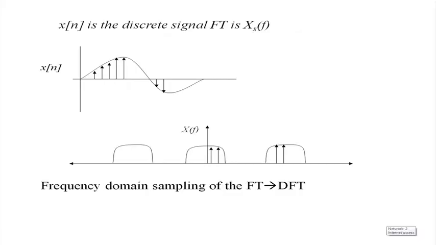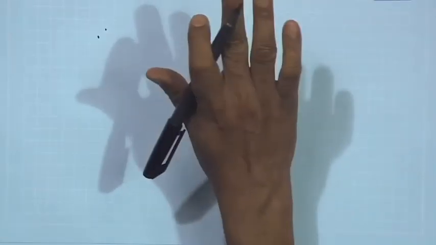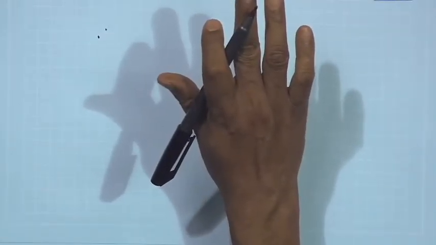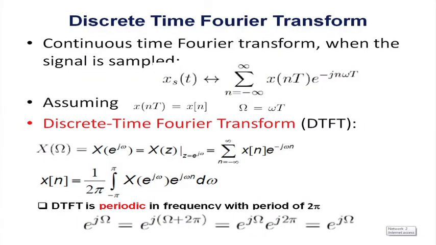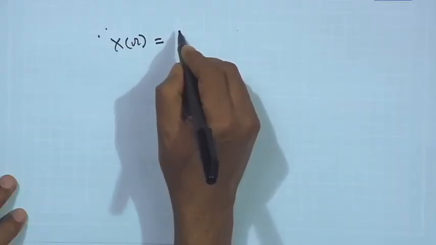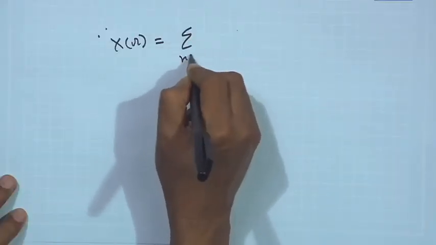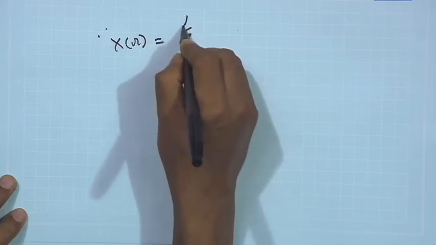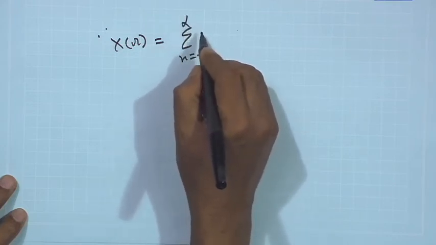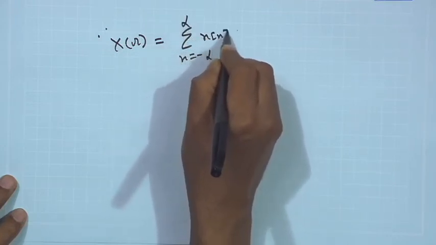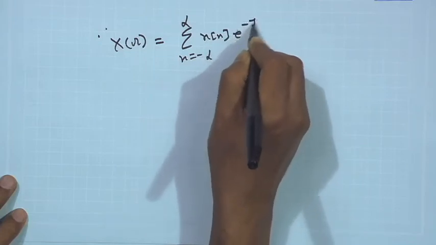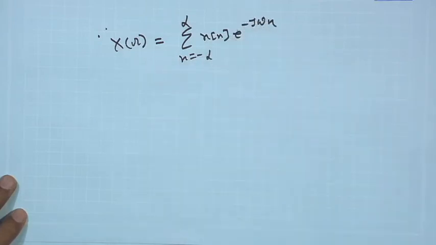So, first you just need to know the equation of the discrete time Fourier transform. I can say X(omega), where the frequency is continuous, is the sum for n equal to minus infinity to infinity of x[n] e to the power minus j omega n.